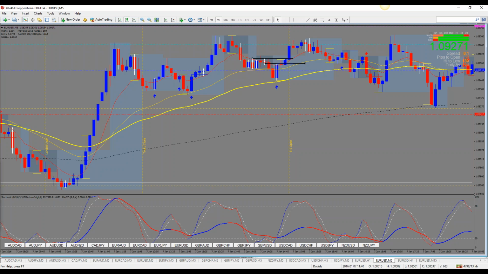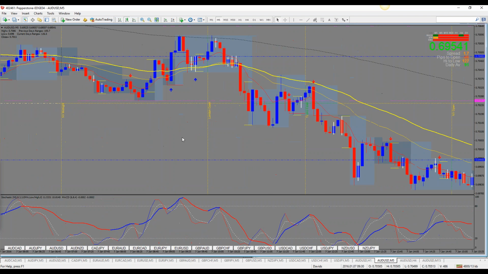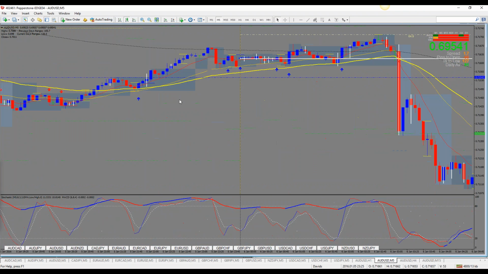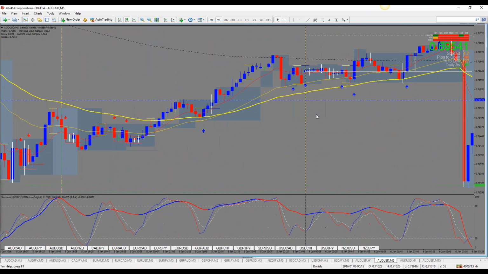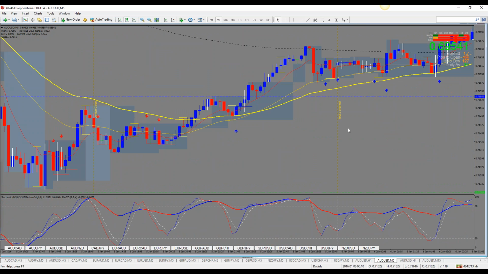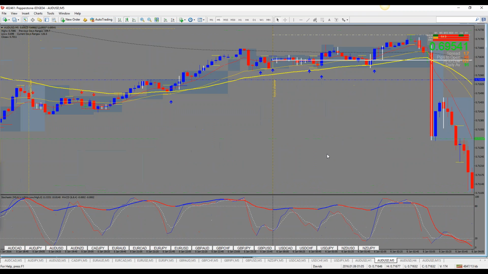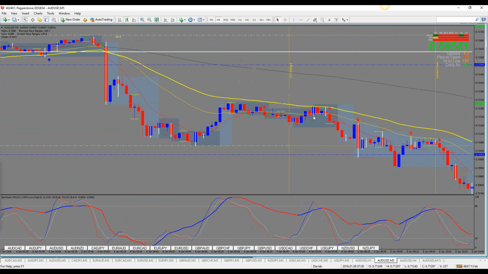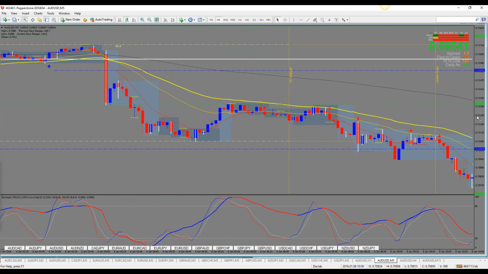Right. So I can go to another pair. Let's go to the Aussie dollar for an example. The Aussie's been a really different, good trending pair for trading. All right, so here we are, London Open.